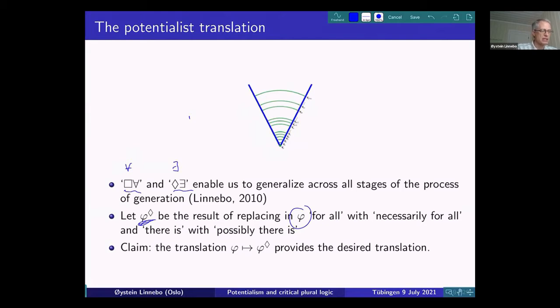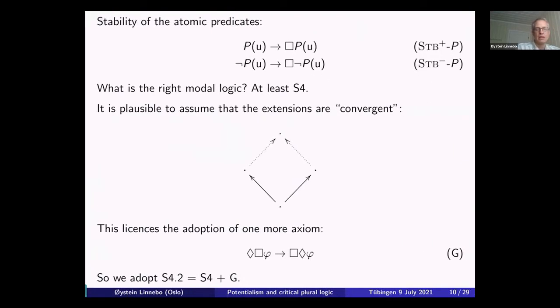And the claim is that this translation provides the desired translation for our purposes. Why is that? Well, existence talk in the non-modal language is now given a potential analysis. So existence is potential existence, which makes good sense when you're analyzing potentialism.